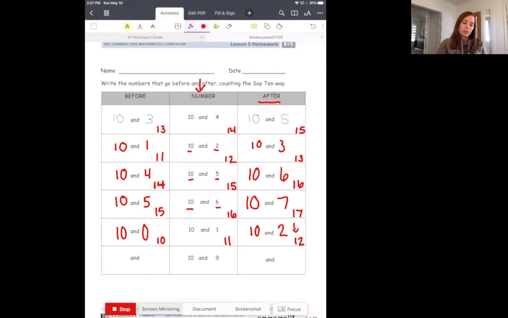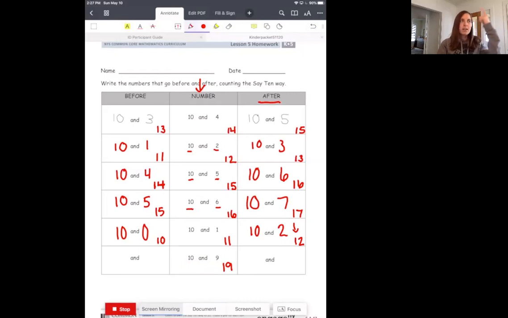So you're going to look right in the middle, how many groups of 10 and how many groups of 1. I can see we have 1 group of 10 and 9 ones. What number is that? 19. So now we're going to find the number that comes before 19. So see if you can do it in your head.